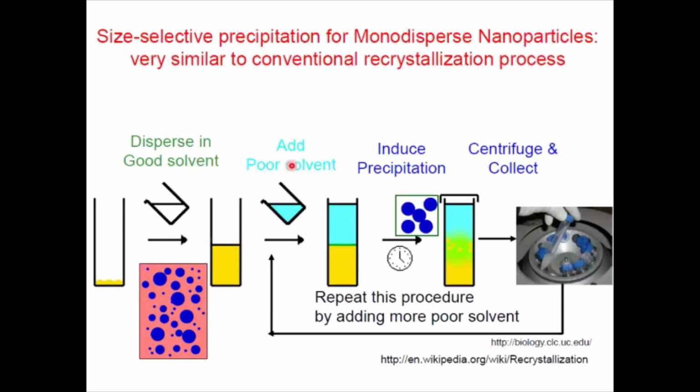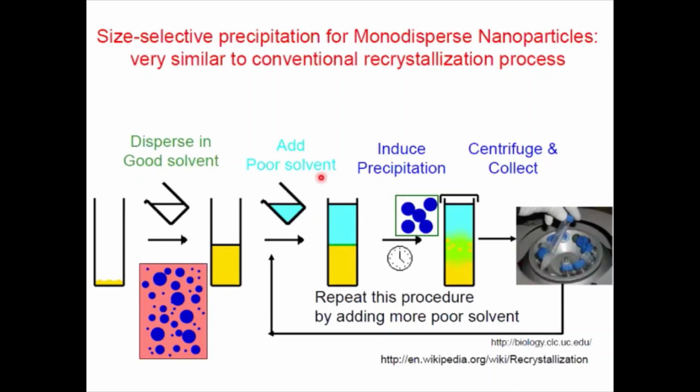So you add poor solvent so that you induce precipitation of larger sizes, and then by centrifugation you can collect it. You repeat the procedure by adding more and more poor solvent so that you can induce precipitation of different sizes of the particles. You can select the sizes by centrifuging and collecting with addition of poor solvent.